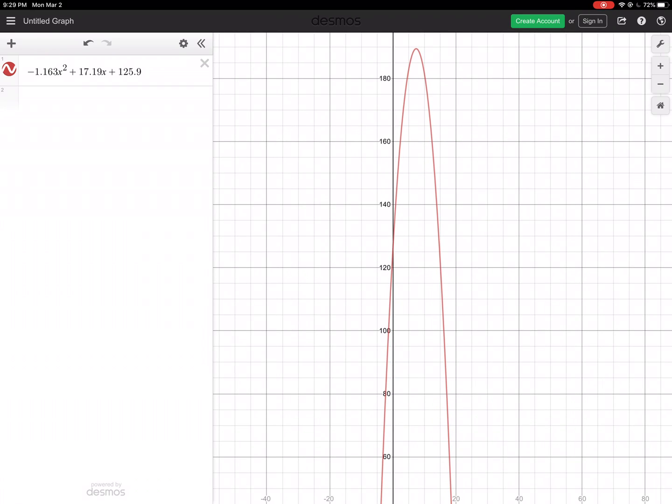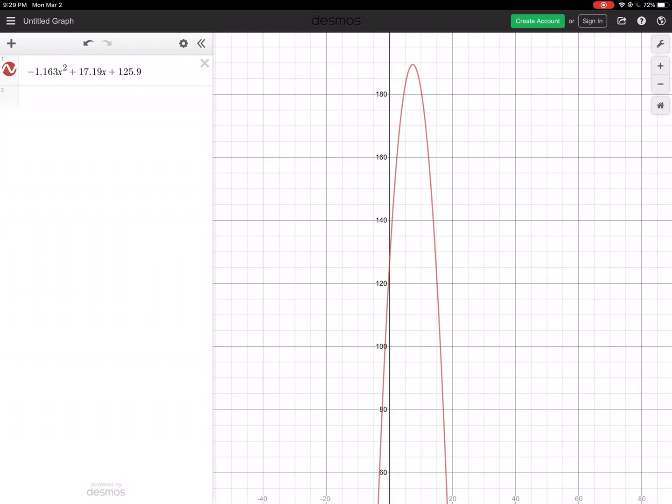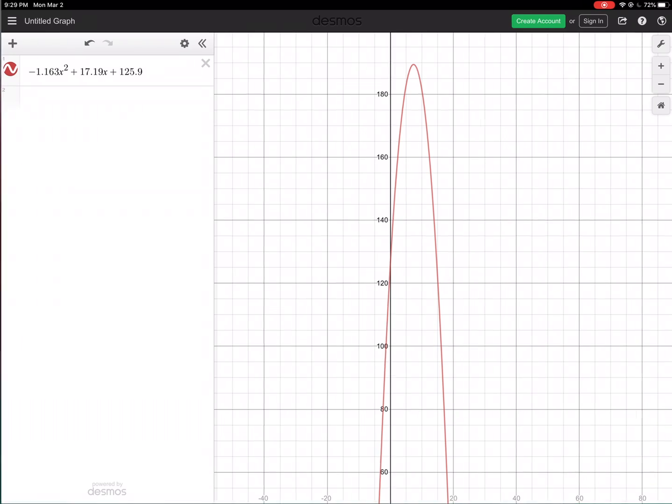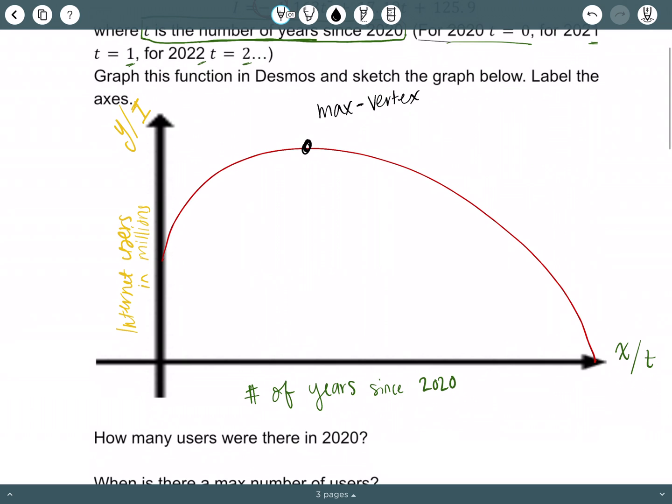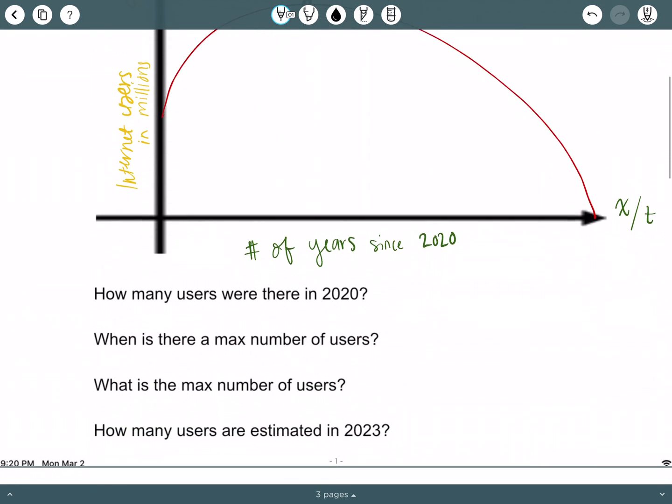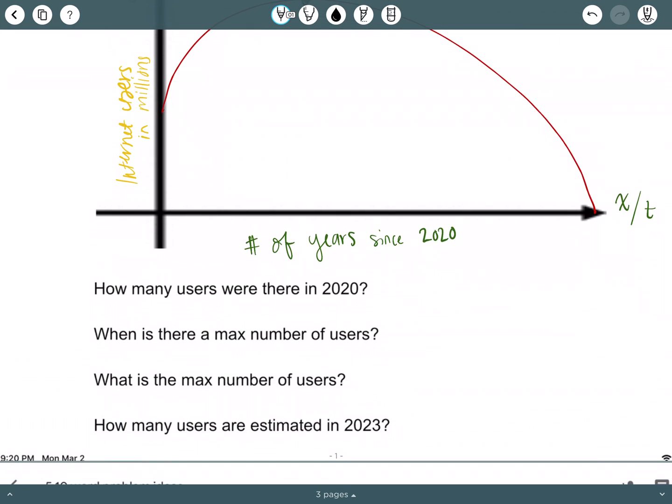So again, we have our x value across the bottom, y value across the top. Graph this function in Desmos, we did that. Sketch the graph below, label the axes. All right, how many users were there in 2020? So in 2020 means that there have been 0 years passed, so t equals 0, which means that x equals 0, which means that we are looking at the y-intercept.